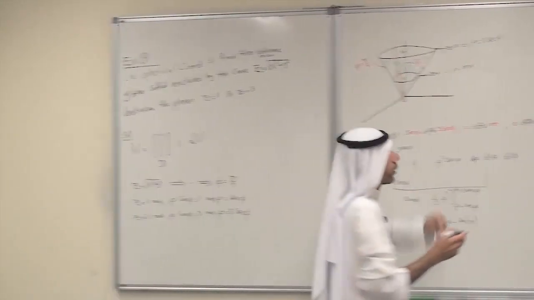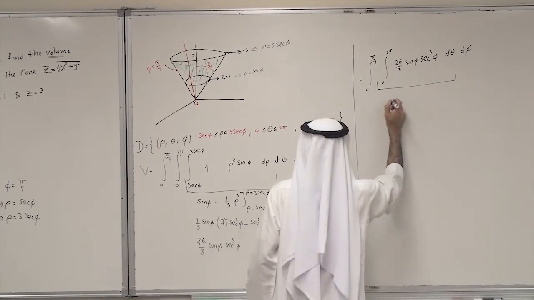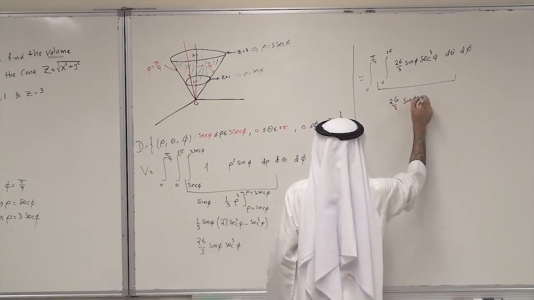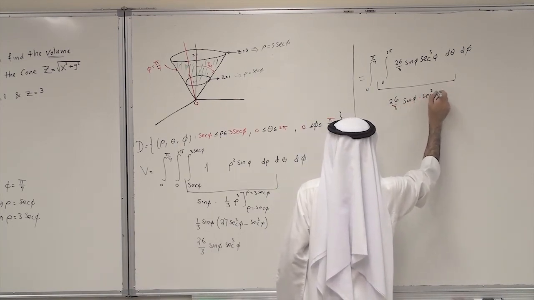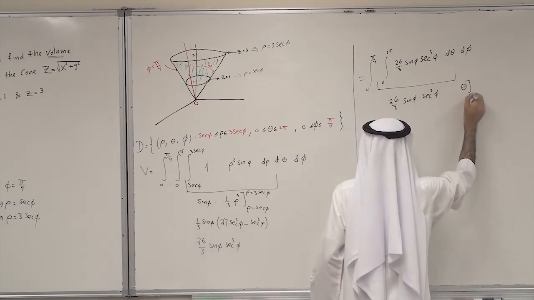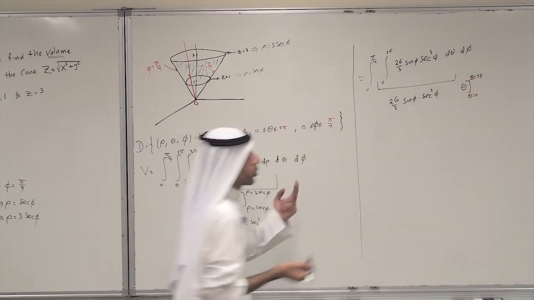For the second one, it is with respect to theta, and there is no theta in the integral here, so this is 26 over 3 sin phi secant cubed phi times the integral of d theta from theta equals 0 to theta equals 2 pi, and this will give us just 2 pi.